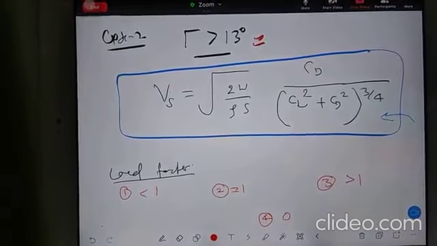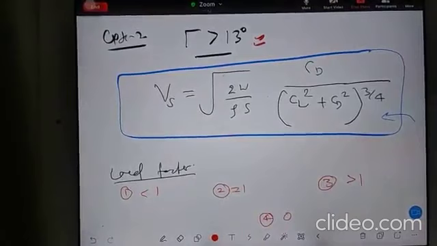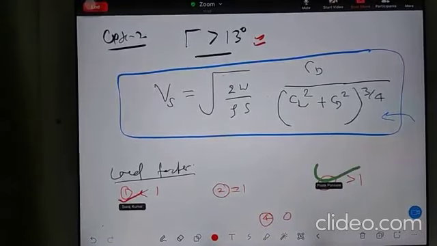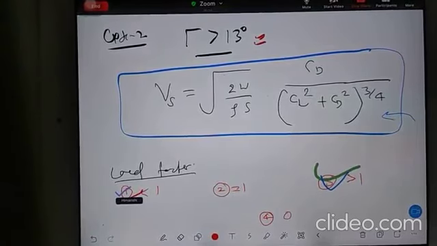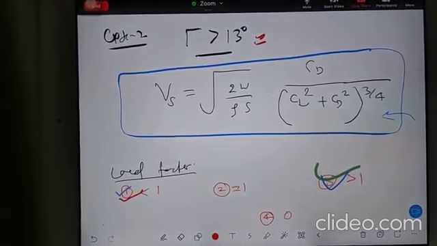Load factor, guys. Two students say less than 1, 2 students say more than 1.